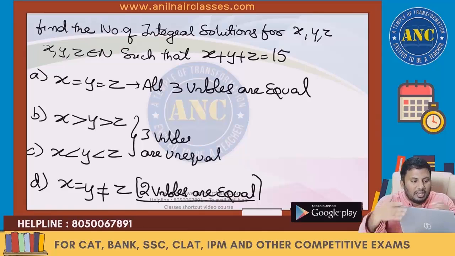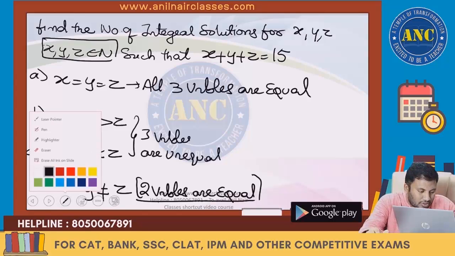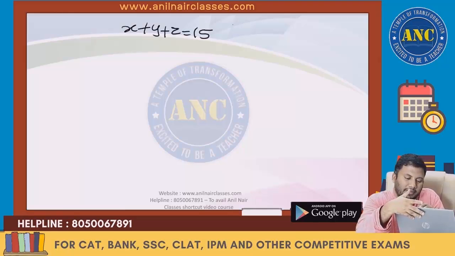Listen carefully. X, Y, Z are natural numbers, so I require positive integral solutions. Now, listen carefully to the solutions, sir. X plus Y plus Z equivalent to 15, with X, Y, Z greater than or equivalent to 1.